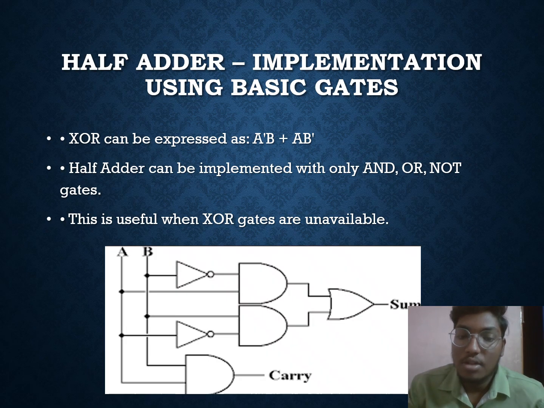As we see in this circuit diagram, this part creates the XOR gate. And as the carry is implemented by using an AND gate, we simply use an AND gate. This is how we implement the half adder circuit using basic gates.